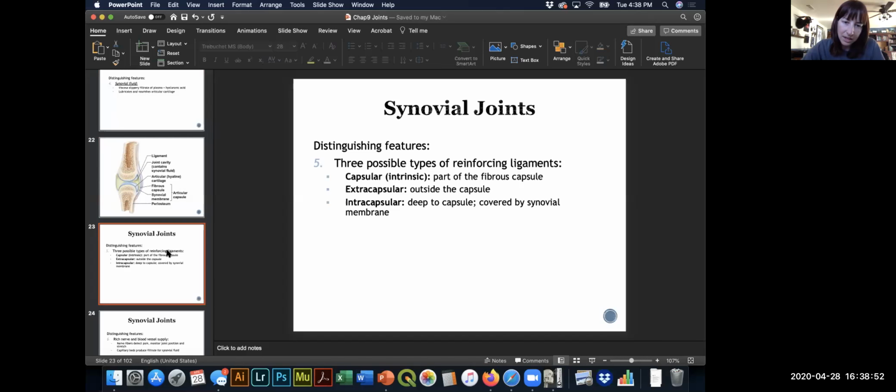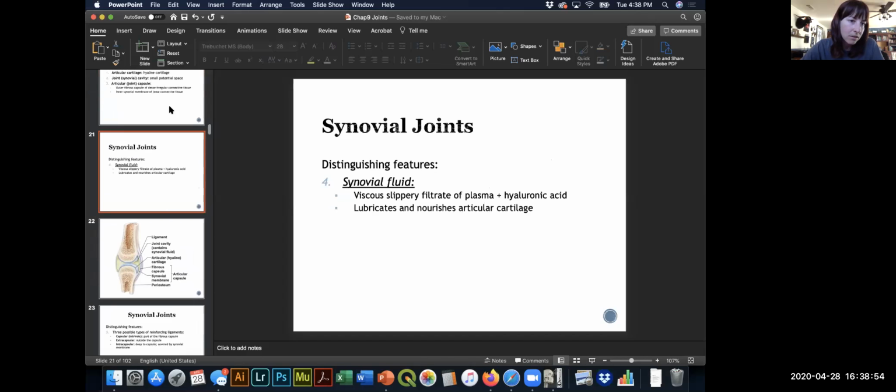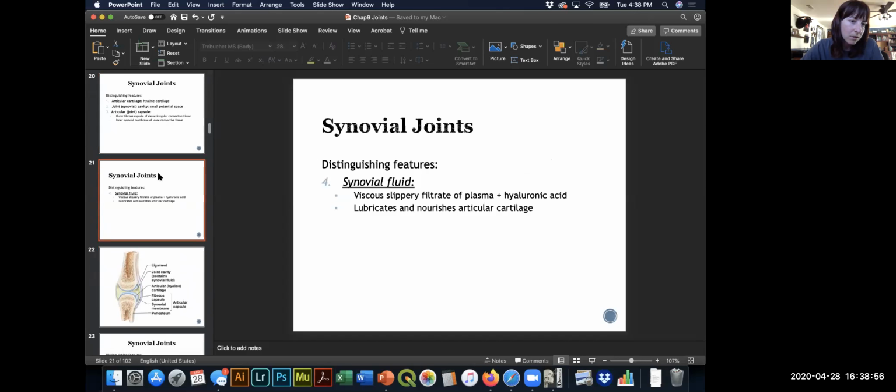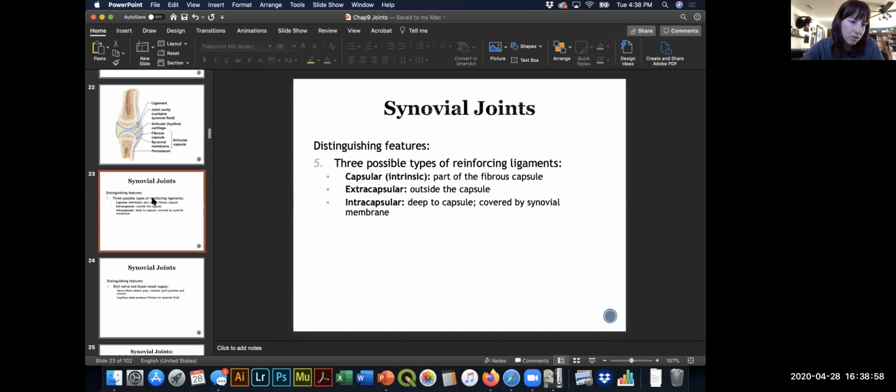The last thing, oh, right, reinforcing ligaments. I didn't ask you to memorize any of them except for the ones of the knee. There were 4 reinforcing ligaments of the knee that I wanted you to know.